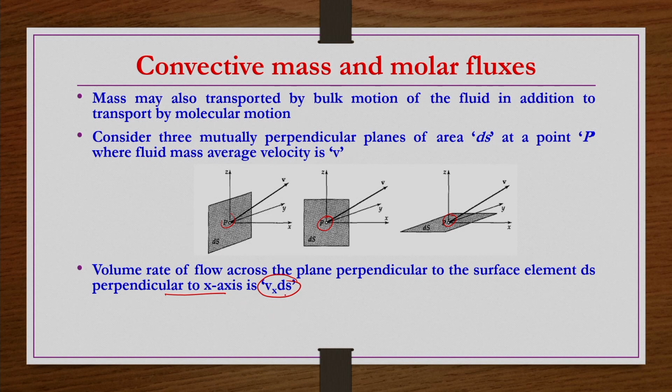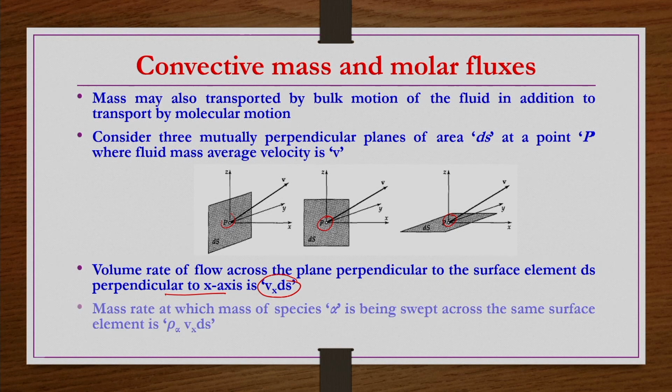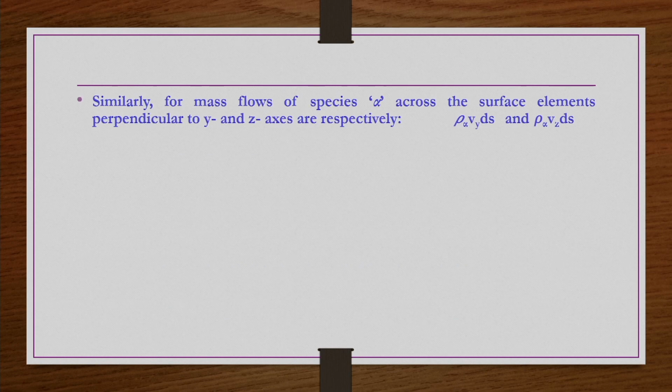So, now when it is perpendicular to the x axis, if you want to know the mass rate, then you have to multiply by rho alpha, that is you get rho alpha Vx ds. Corresponding things apply when perpendicular to the y and z directions. So, then we have rho alpha Vy ds and rho alpha Vz ds.